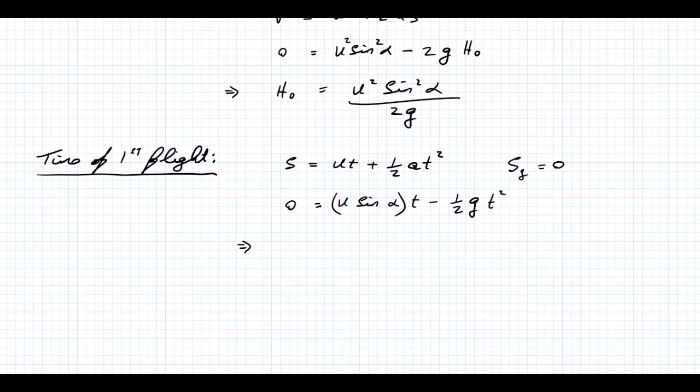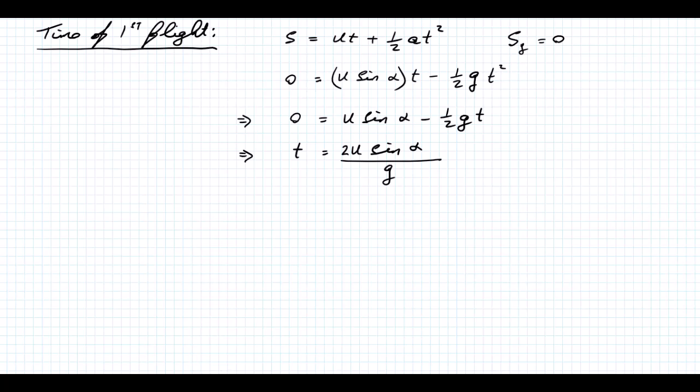Now if we divide across by t, we get 0 is equal to u sine alpha minus a half gt. So that'll give us t is equal to, when we bring it over and multiply by 2, 2u sine alpha, and then we divide that by g. So this is our time to the first bounce.